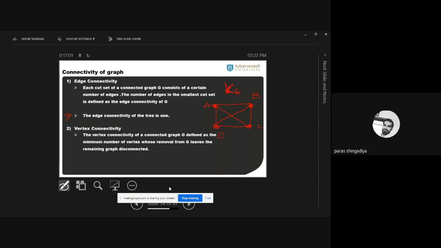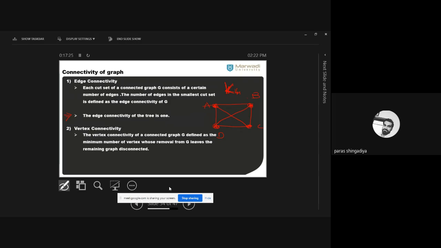When we delete 3 vertices, the edges connected with these 3 vertices also get deleted automatically. So what is our aim in the definition? When we remove a set of vertices, the graph leaves the disconnected form.